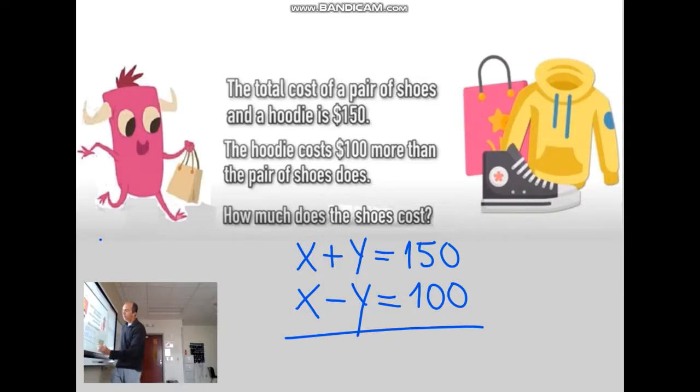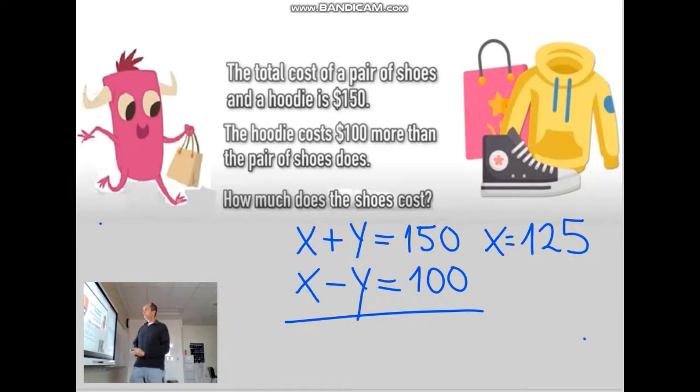If you solve this, you're gonna find that the hoodie costs $125, and that means that the shoes alone will cost $25. That's the solution of the puzzle.